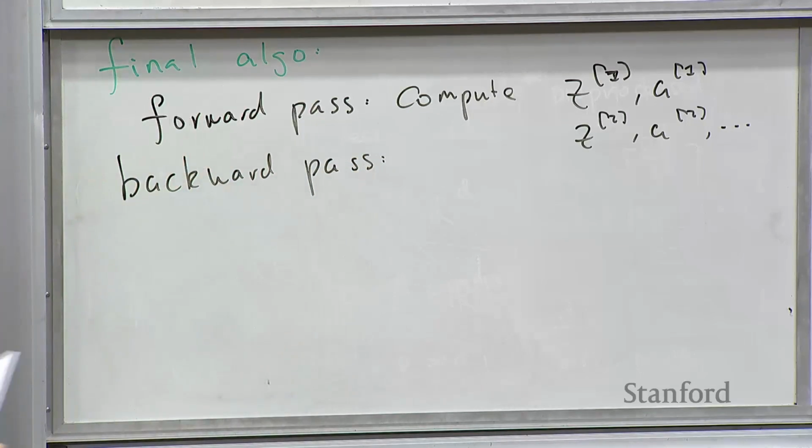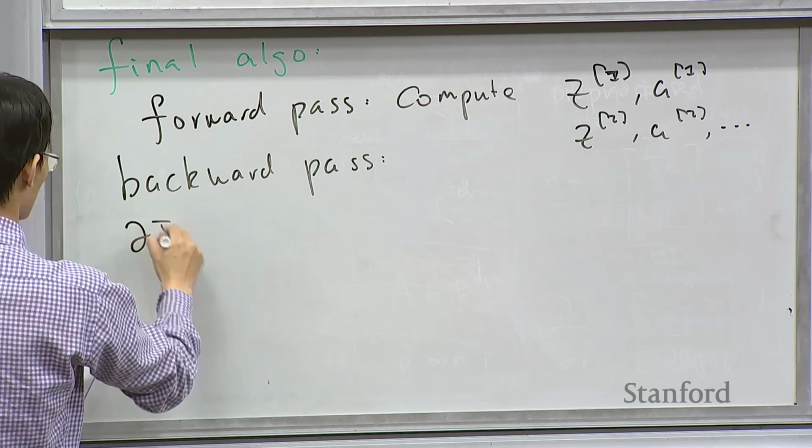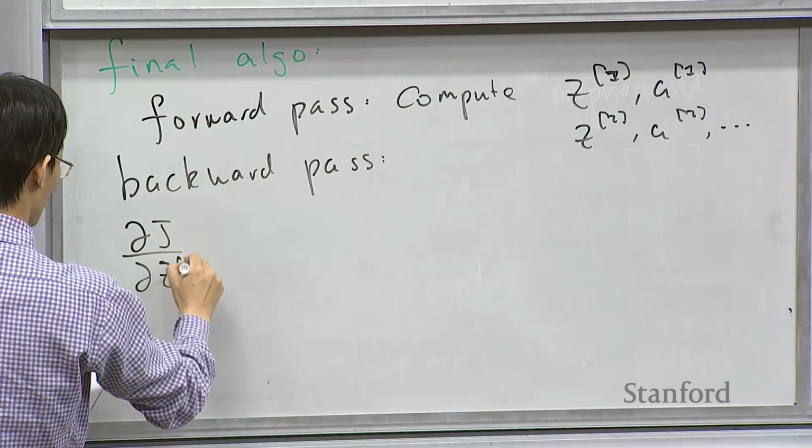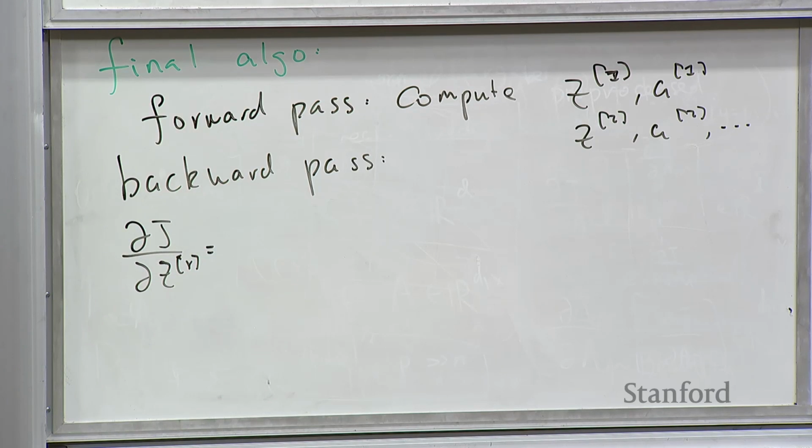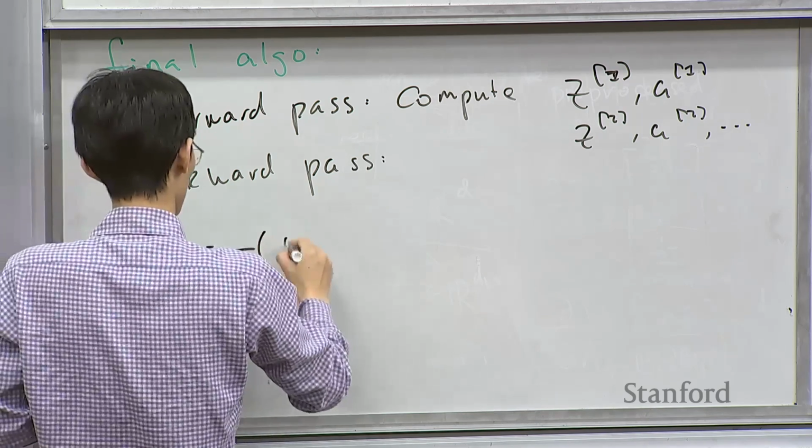And the way you do it is pretty much the same as the two-layer network, you start with the last one. So you first can compute this with the last layer. And this is trivial because J depends on Z_r just in a very trivial way. So this is just minus (y minus Z_r).